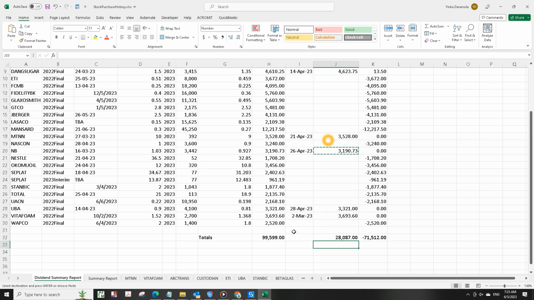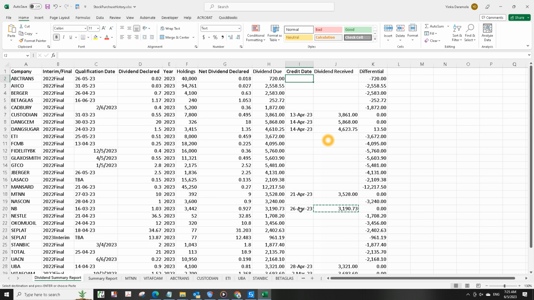Another thing I would like to add before I conclude is that now that I have the information on which dividends arrived into my bank, the robot can also enter it into your portfolio management software for you, that, okay, on 13th of April, for example, I got this amount for custodian. So I can do all of that.